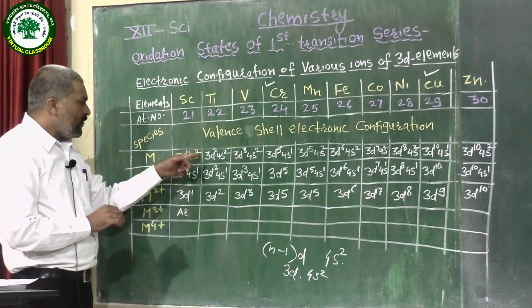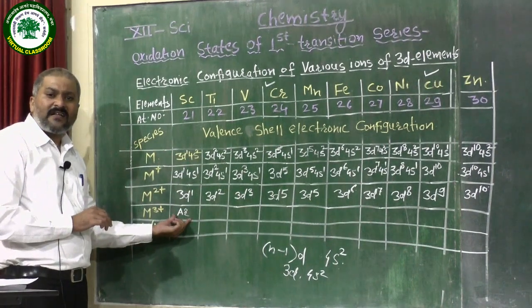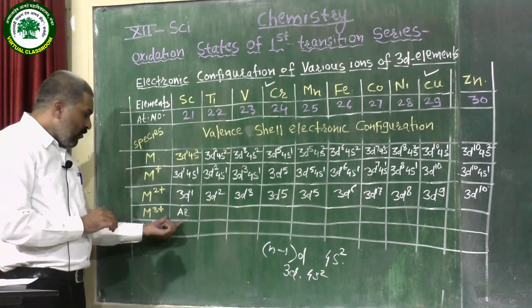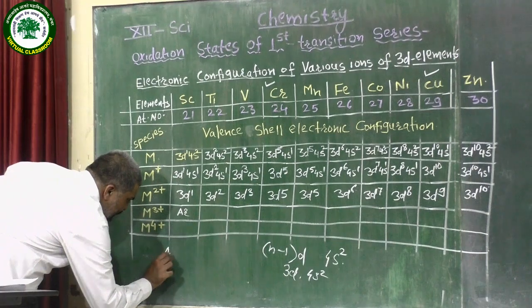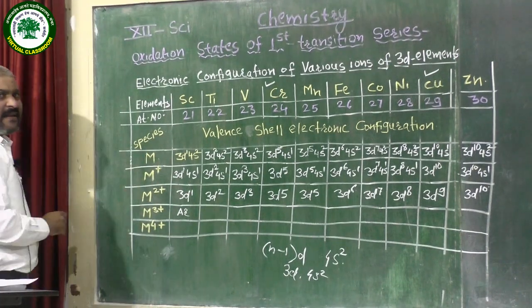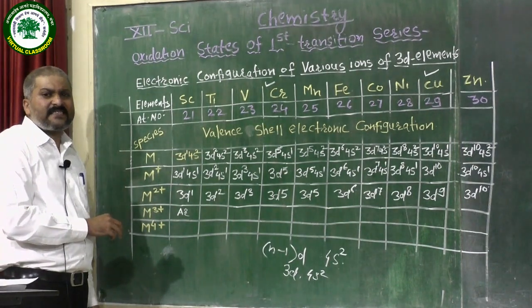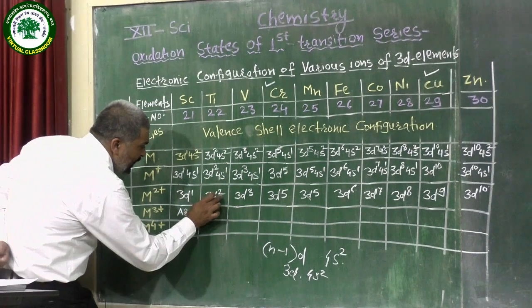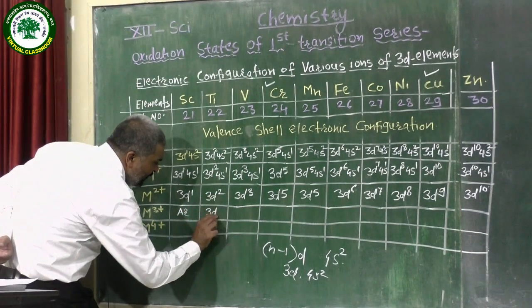The electronic configuration of argon, 18, is 1s2, 2s2, 2p6, 3s2, 3p6. Here it loses 1 electron, therefore it becomes 3d1.